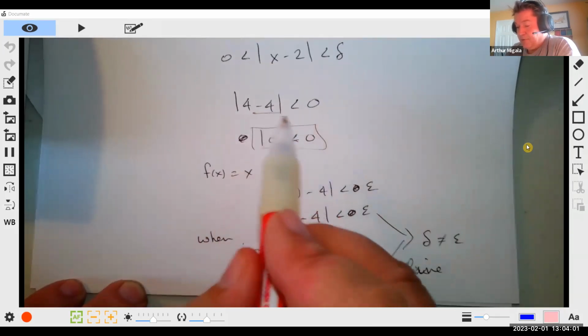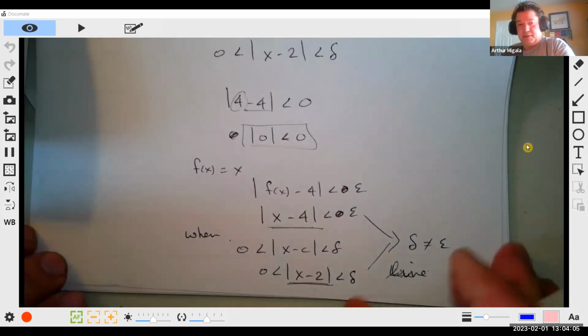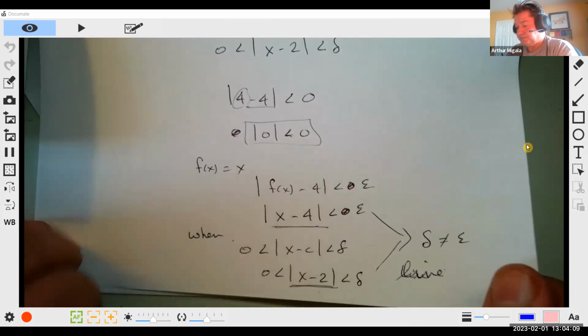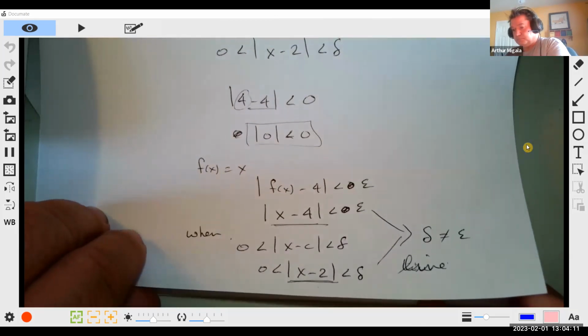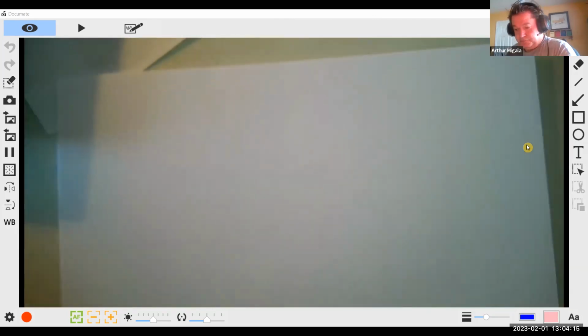Because this made 0, 4 is our limit. It's always going to be 4. It's a constant term. So let's get to quadratic equations now.